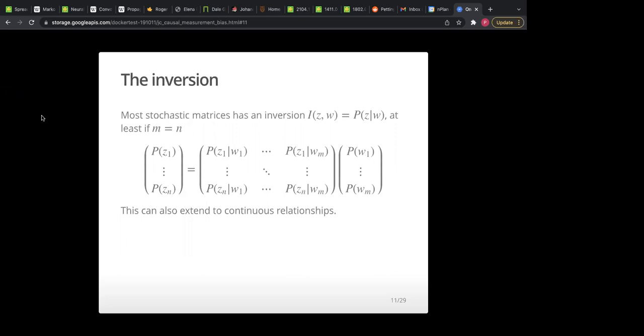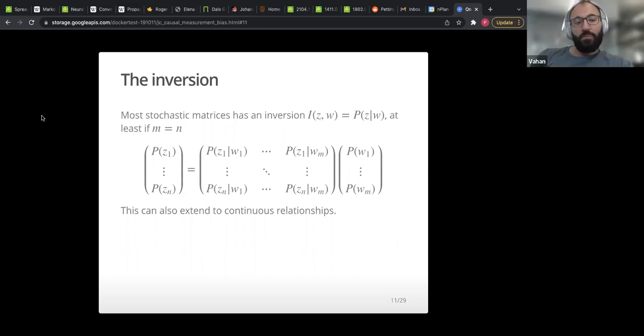Yeah, the question would be, for example, what happens if we have 4 observable Z? So Z could be one of 4 values, but we would only ever be able to observe 3, and the 3 could be a mixture of that. Could we still recover the original effect? Honestly, you will have to make an assumption.